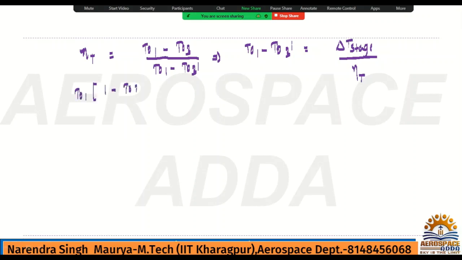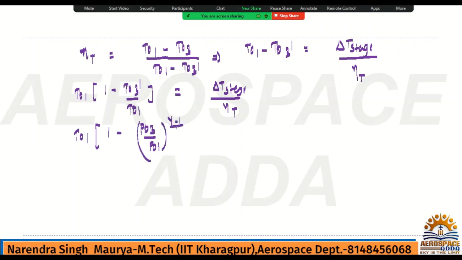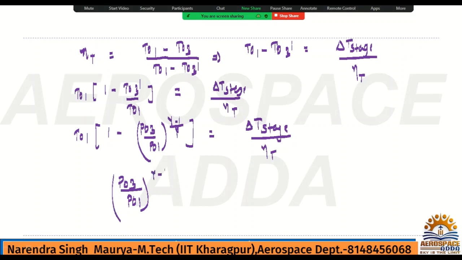Now if you take T naught 1 common, you get 1 minus T naught 3 dash by T naught 1 is equal to delta T for the stage divided by turbine efficiency times T naught 1, in bracket 1 minus T naught 3 by T naught 1 to the whole power gamma minus 1 by gamma. Delta T of stage divided by eta T. Now if you check what value you will get, P naught 3, T naught 1, gamma minus 1 by gamma.